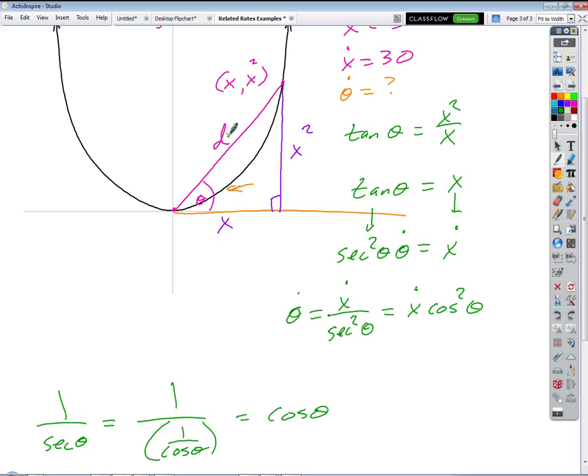If we plug in the snapshot values for our triangle, x was 3, so we get 3 over the hypotenuse. By the Pythagorean theorem, since it's a right triangle, the square root of 9 plus 81 is the square root of 90, which is 3 radical 10.